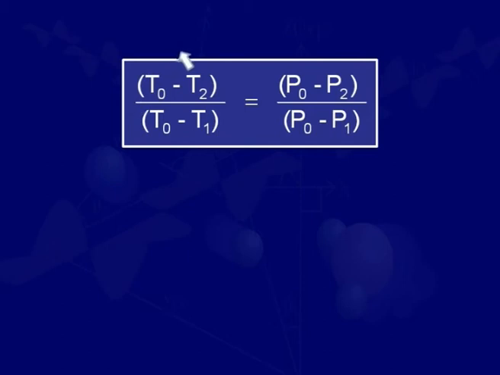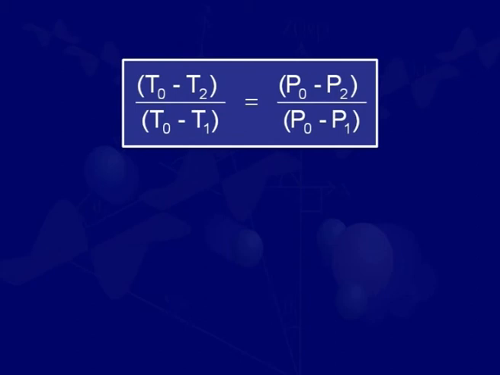Now, T0 minus T2 is the depression of freezing point for the second solution and T0 minus T1 is the depression in freezing point for the first solution. Similarly, P0 minus P2 is the decrease in vapor pressure for the second solution and P0 minus P1 is the decrease in vapor pressure for the first solution.